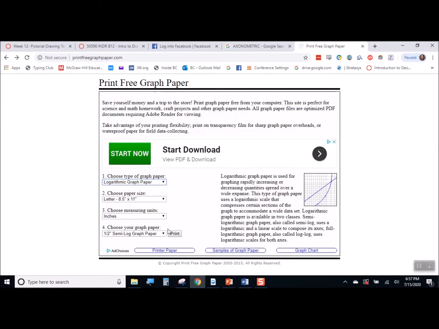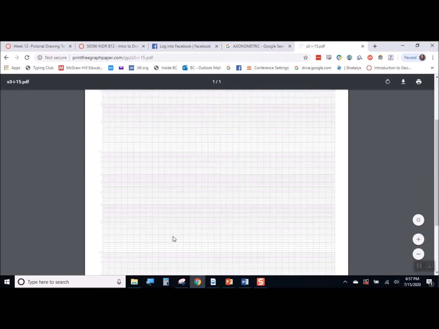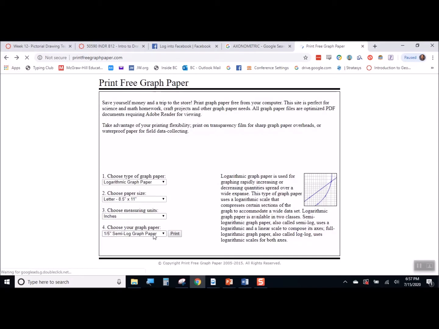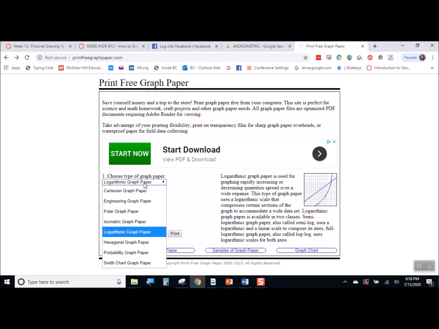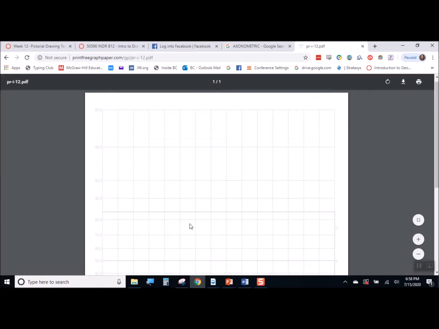Logarithmic graph paper, 1/5 inch semi-log. Let's take a look. I mean, wow. Some of these must be like graph paper for plotting out time travel or something. They're just crazy. Probability? What is probability graph paper? Ever hear such a thing?